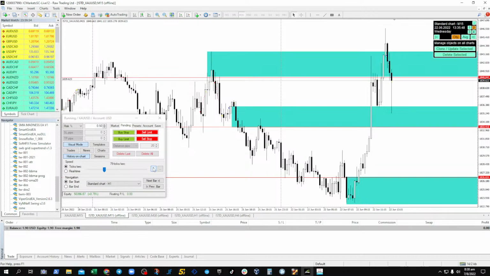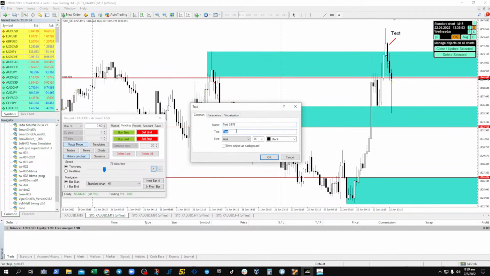Okay, so let me pause this to make the journal. How did we enter just now? We have seen this. Price immediately close back in the zone. Fake out. This is a fake out.